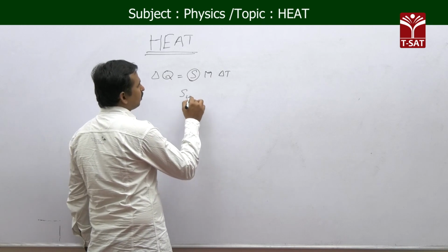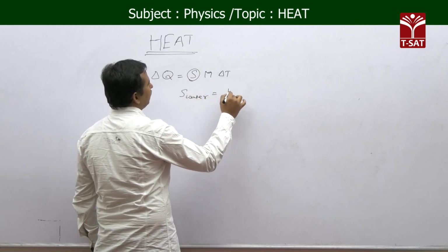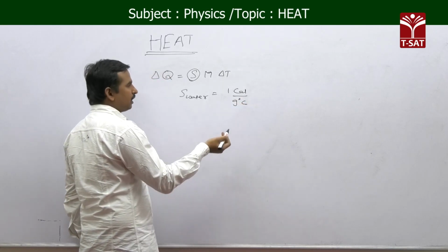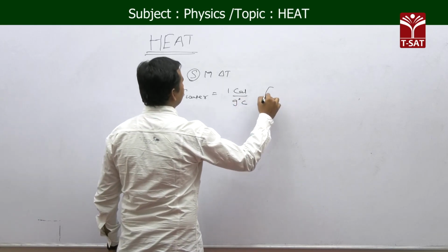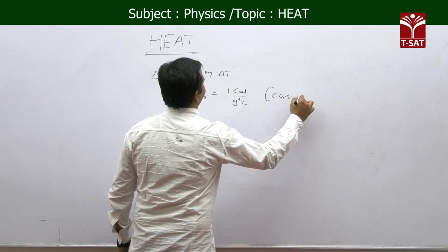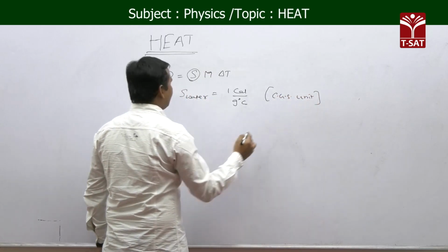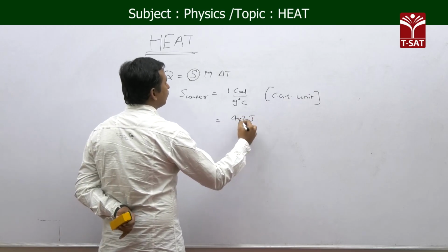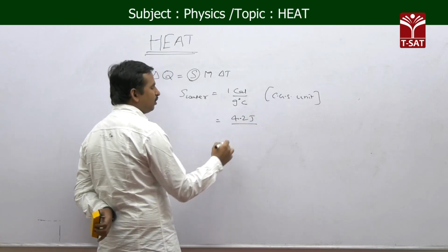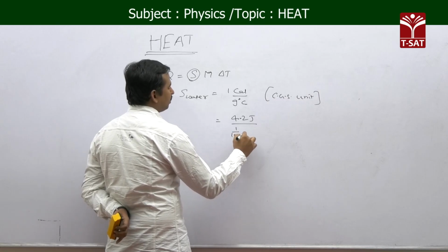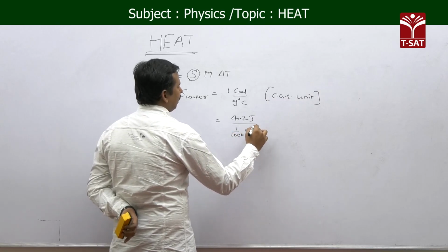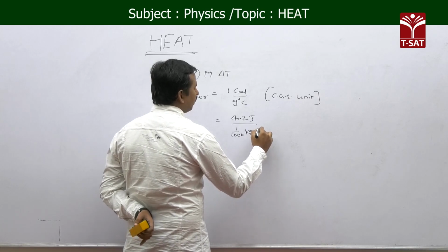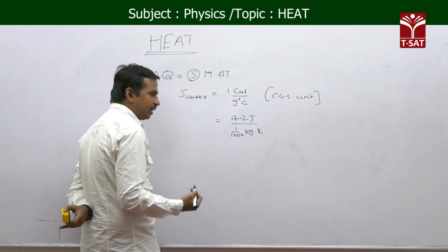See, for the case of water, as I said, it is about 1 calorie per gram degree Celsius. Actually this is of the CGS system. If you take that 1 calorie as approximately 4.2 joules, and 1 gram is equal to 1 by 1000 kg, and per degree Celsius, a change of 1 degree Celsius is equal to a change of 1 Kelvin, that is per kg Kelvin.